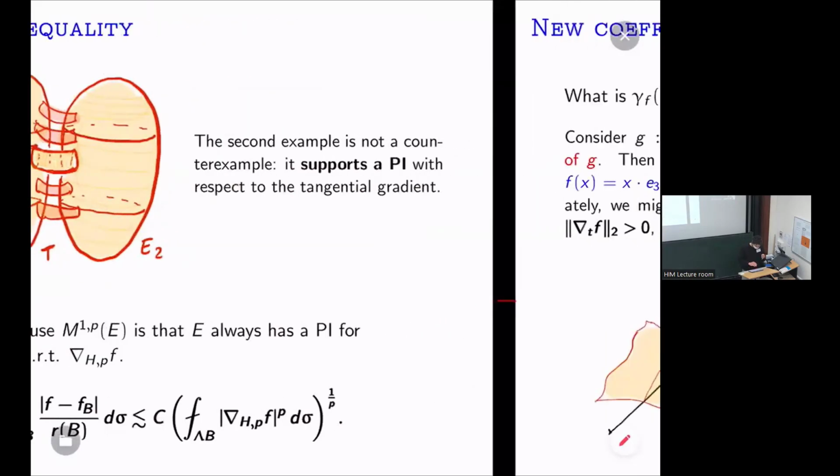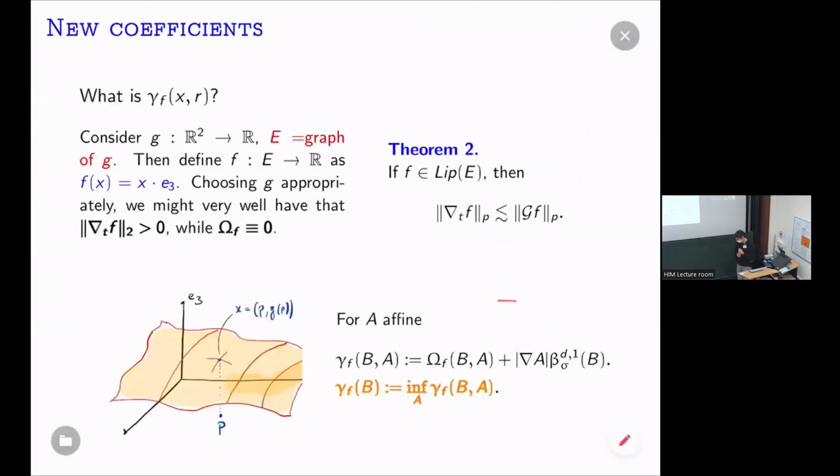Okay, so the next remark: I mentioned that we use new coefficients, this gamma f, which I haven't defined yet. And one can of course ask why we didn't just use this omega, the original Dorronsoro coefficient. Theorem 2 in this case would be false with simply this omega.